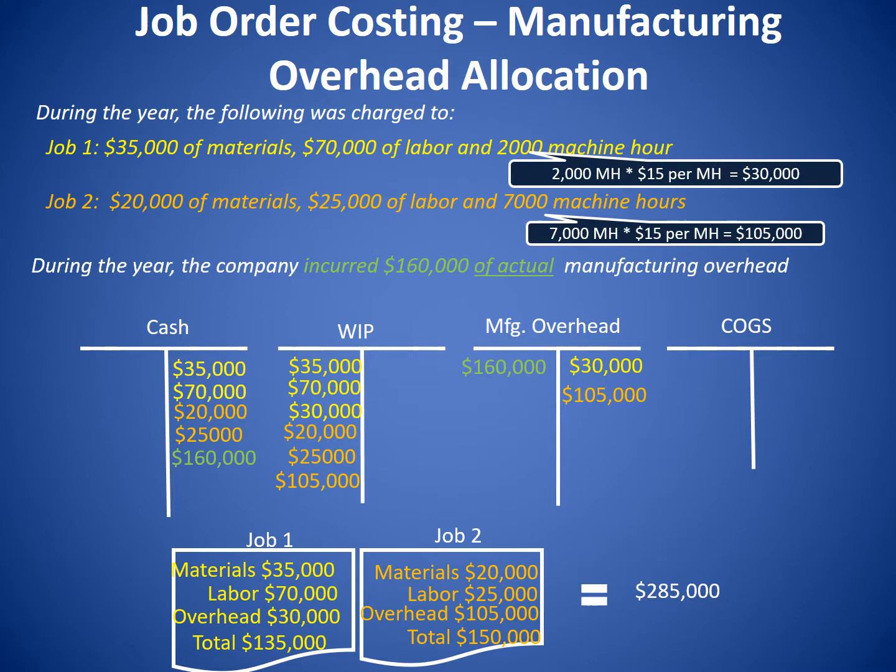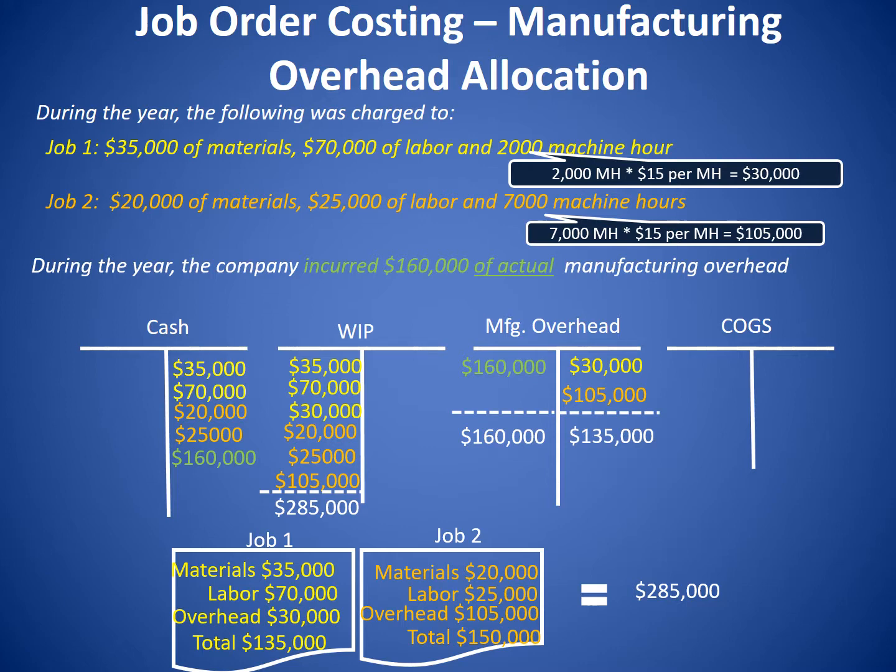And right here, so everybody can understand the balancing, you can see for job 1, materials, labor, and overhead total $135,000. And also my job number 2, materials, labor, and overhead, for a total of $150,000. And that adds to a total work in process of $285,000 here under work in process.